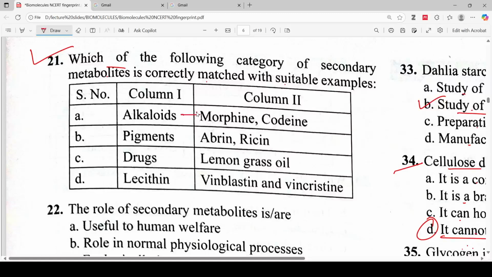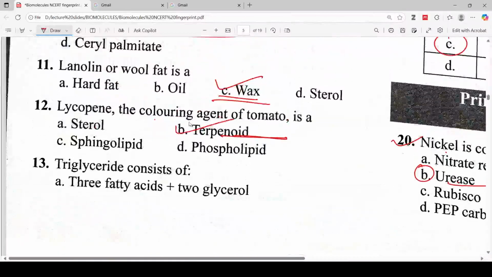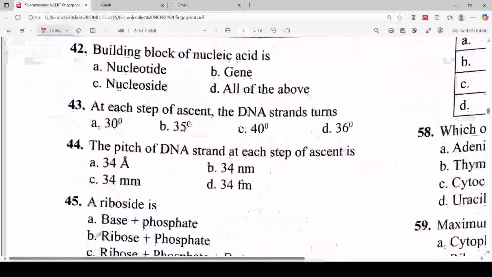Option A, alkaloids are morphine or codeine, so the correct answer will be option A. Pigments, it's not correctly matched. It also is not correctly matched, and it also is not correctly matched. So the correct answer is option A. Next question.